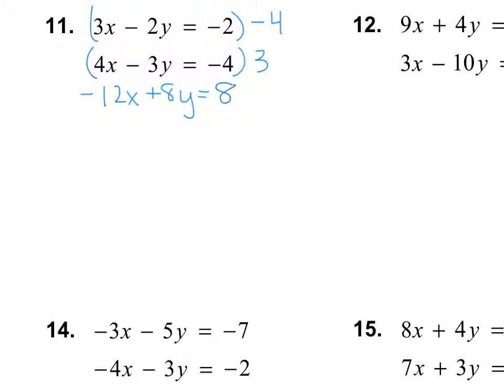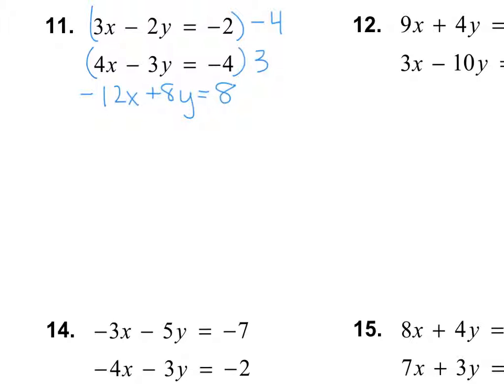We've changed that first equation, but I still can't cancel these out because they're not the same number. So we're going to change the second equation by multiplying it just by a positive 3. I don't want to multiply it by a negative 3 because that would make the x negative, and I want one of them to be negative and one to be positive.